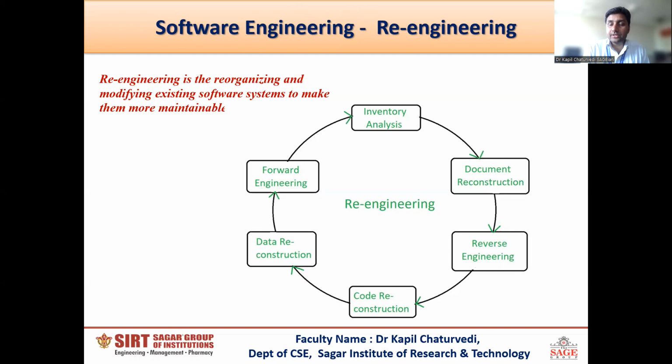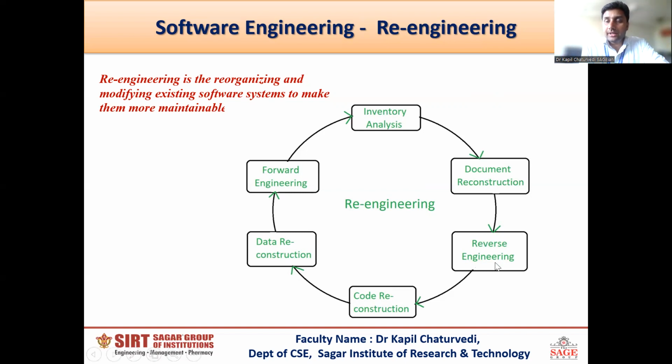Document reconstruction means if we are going to make some new changes to modify our existing program, then we must first modify the existing documents, because sometimes we change the existing architectures, diagrams and the UMLs to launch a new version of the software, or make major changes.